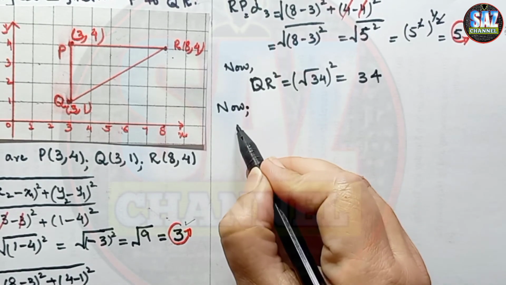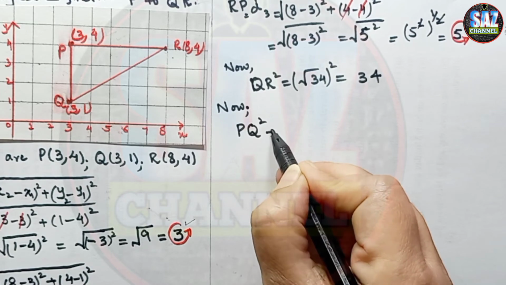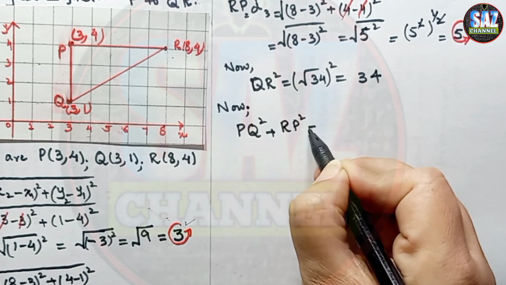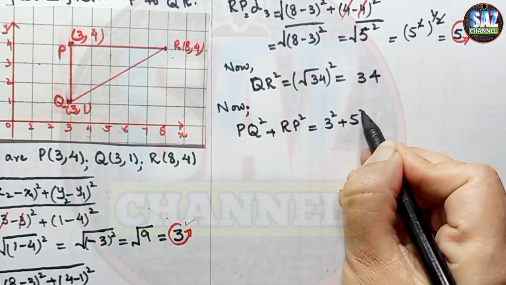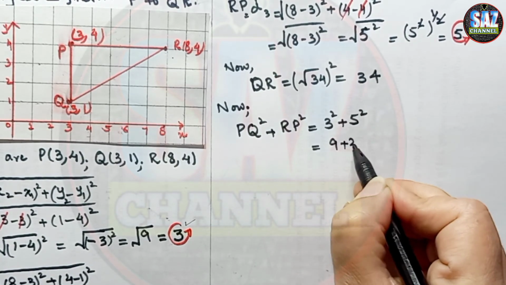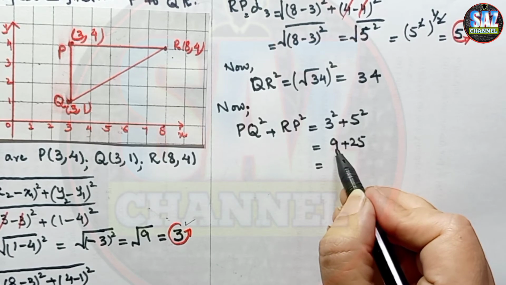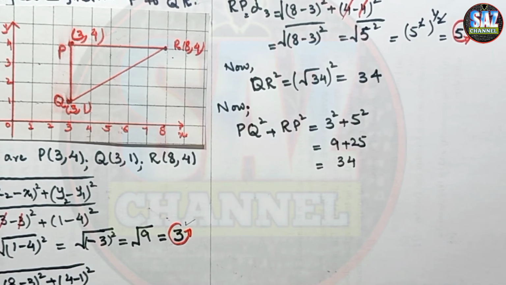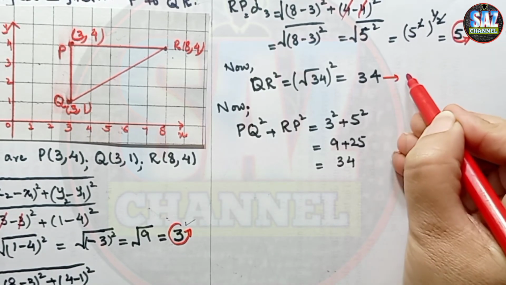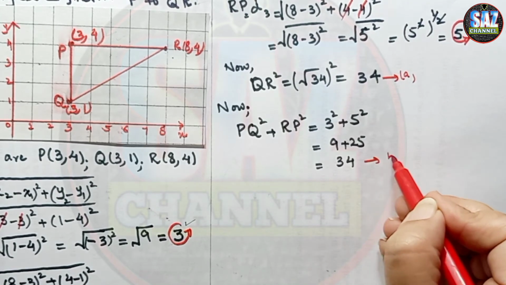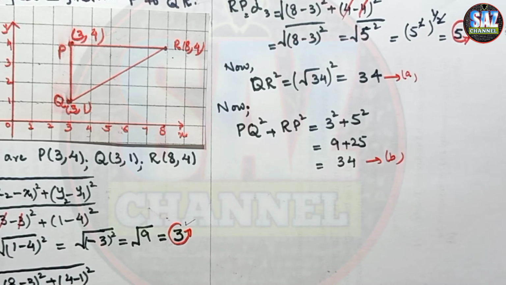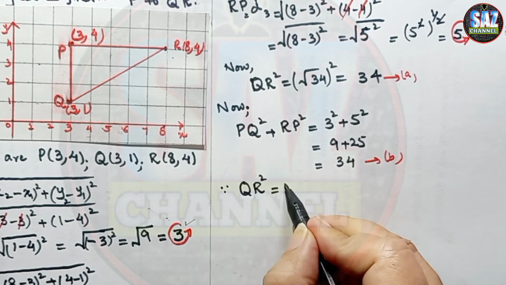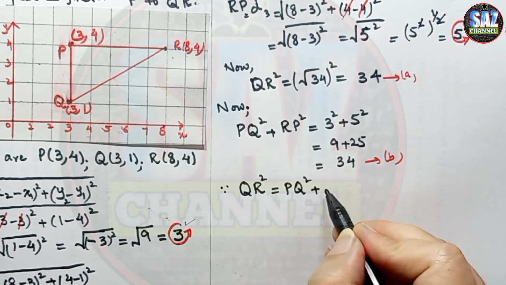Recall my Pythagoras theorem lesson: PQ square plus PR square, or RP square, which is equal to 3 square plus 5 square, and this will give me 9 plus 25, which is 34. Now we can see that the square of the longest side equals the sum of squares of the other two sides, because QR square equals PQ square plus PR square.